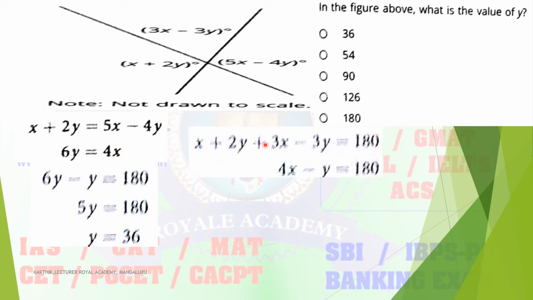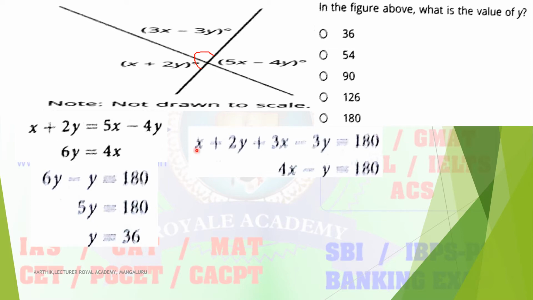So next, here you just consider one line. I will consider this line. So the total angle is how much? The total angle is equal to 180 degrees, because this is a straight line.